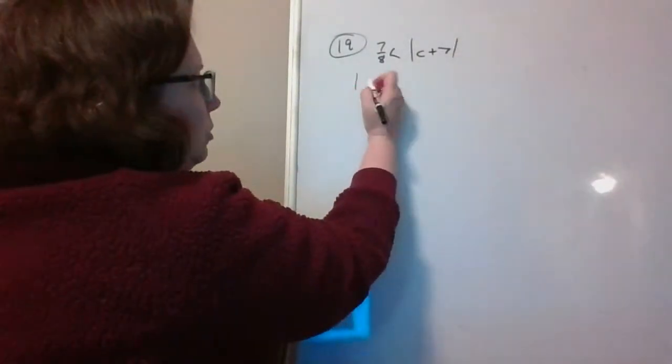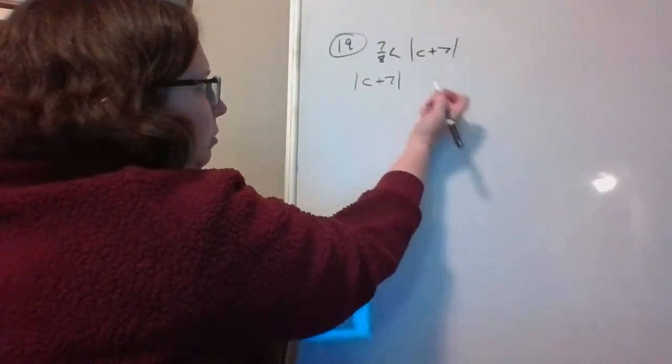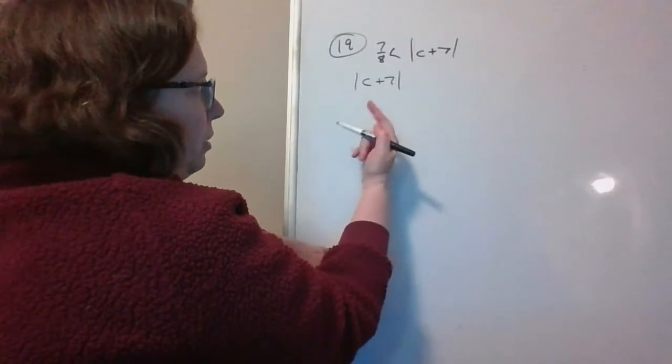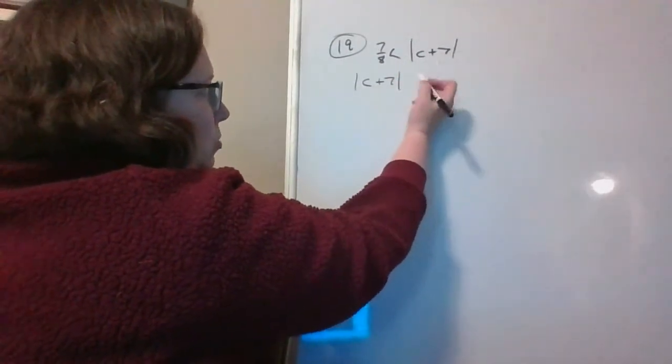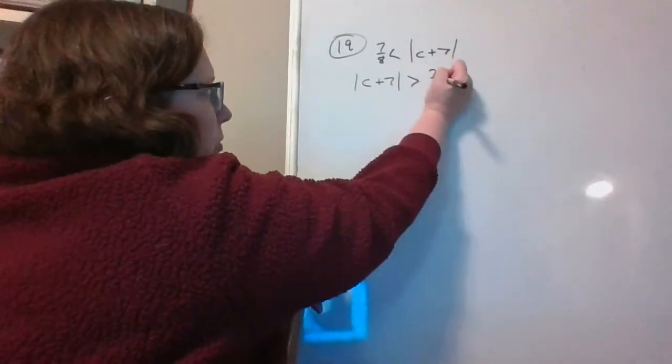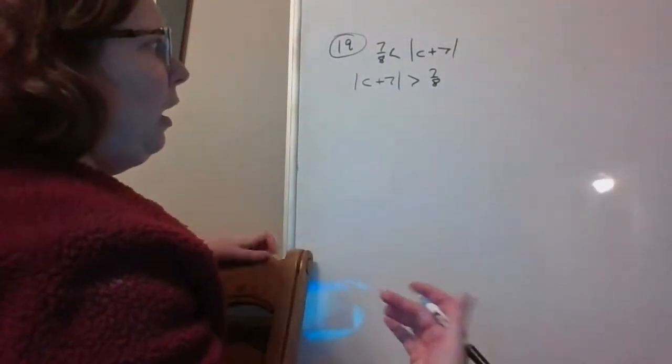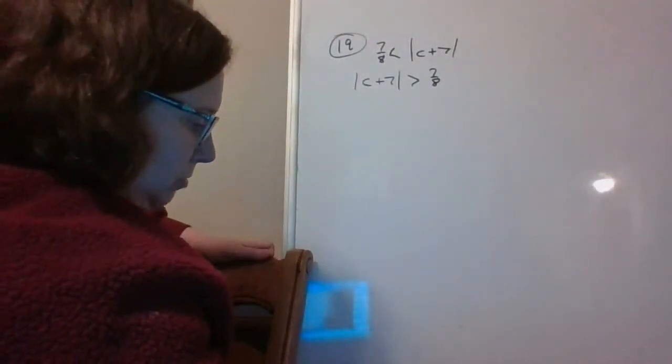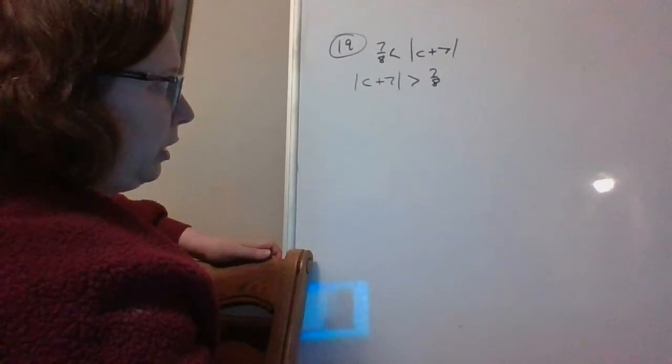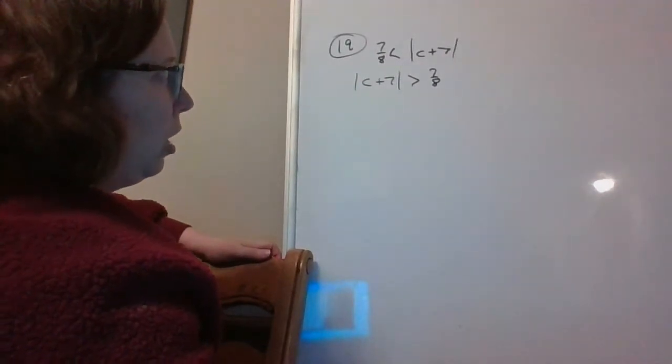So the first thing I would do here is rearrange this so that our absolute value is on the left, which means we're going to flip our inequality. And now I can say, okay, well, I'm dealing with a greater than, so that's going to be an or.